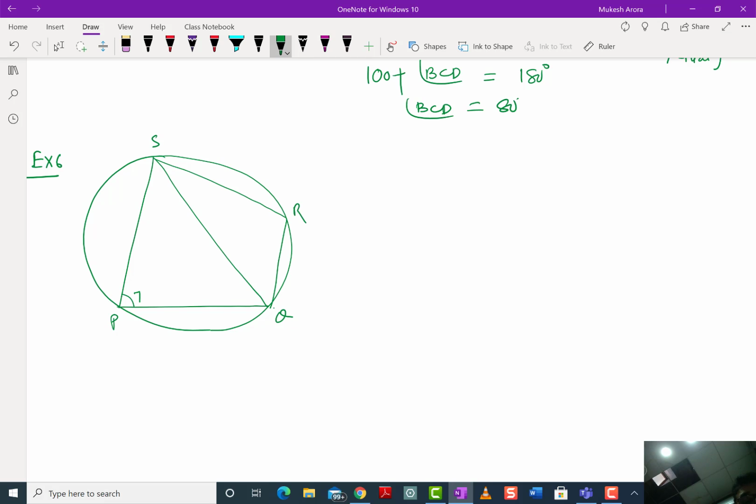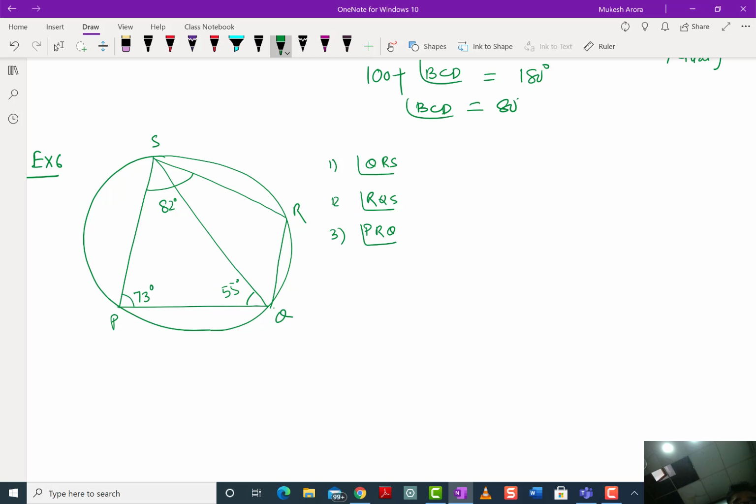This is 73, this angle is 55, and this angle is 82. We have to find number 1, angle QRS; number 2, angle RQS; and number 3, angle PRQ.